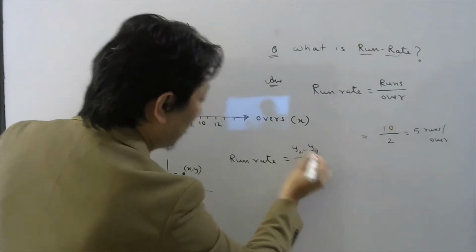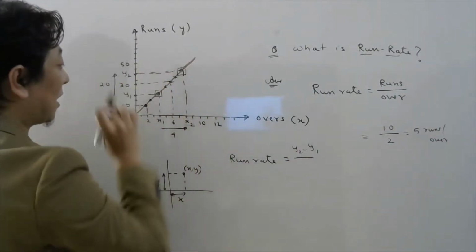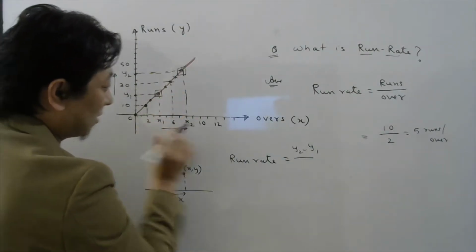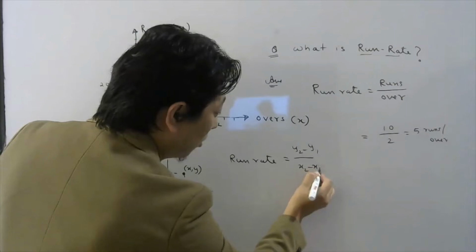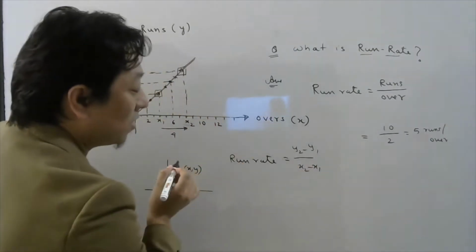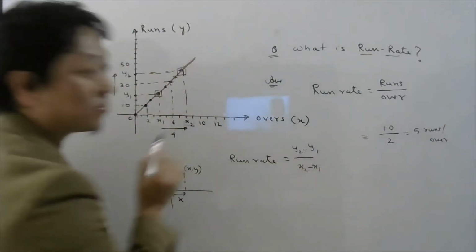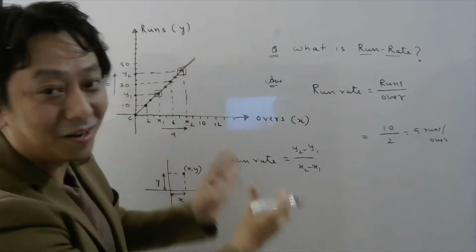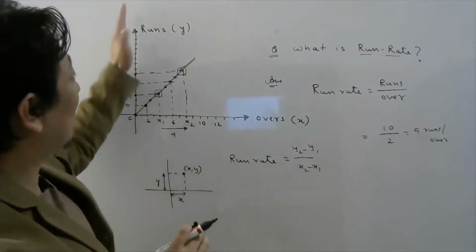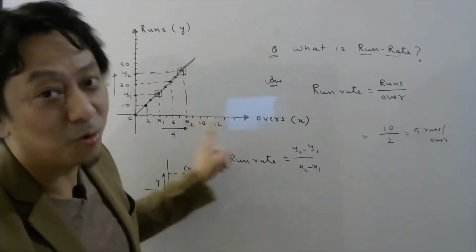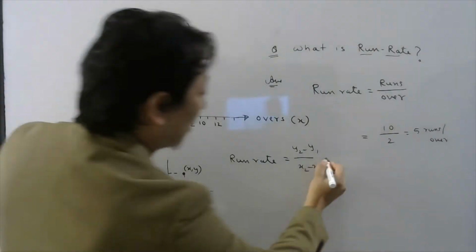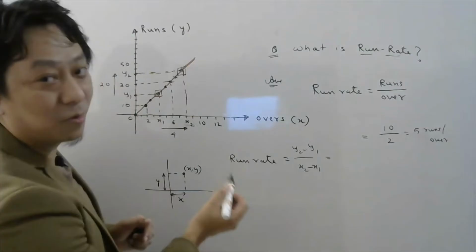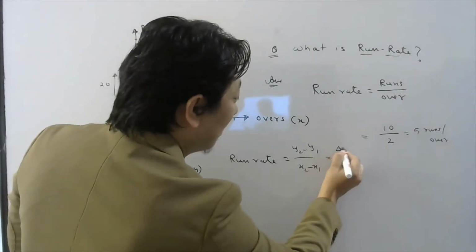y2 minus y1 would represent how many runs I scored from here to here. x2 minus x1, this many overs were bowled. So y2 minus y1 over x2 minus x1 would represent a general formula for run rate if y represents runs and x represents overs. In physics, whenever we see a change in a quantity from y1 to y2, we write this as delta y.